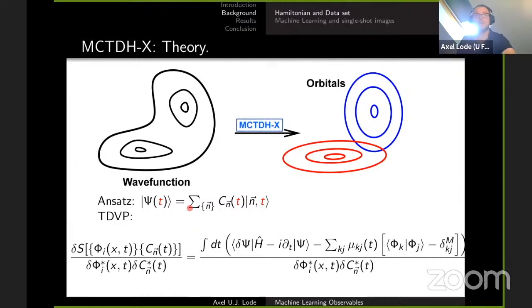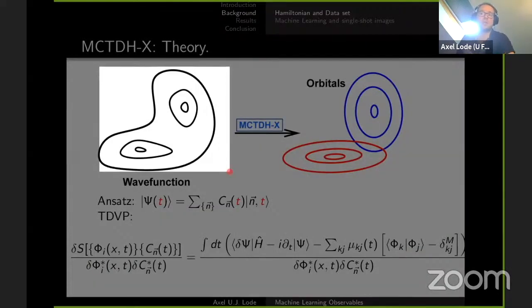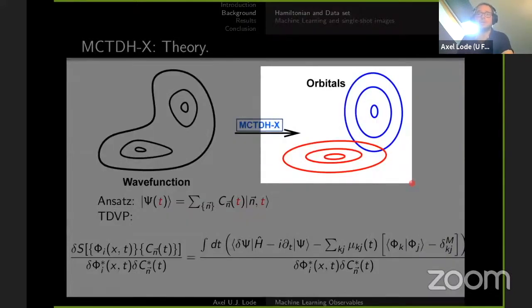So MCTDH-X breaks down this high dimensional, computationally unmanageable object, the many-body wave function, into low dimensional, adaptive but computationally manageable objects and forms weighted products of these objects. We call them orbitals.